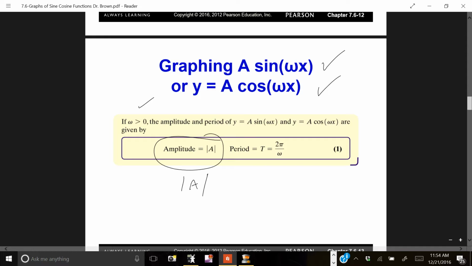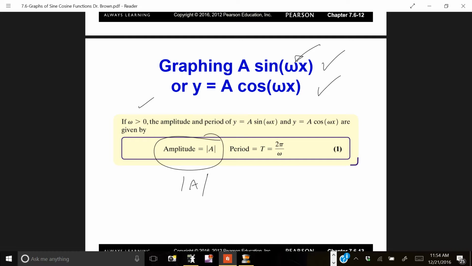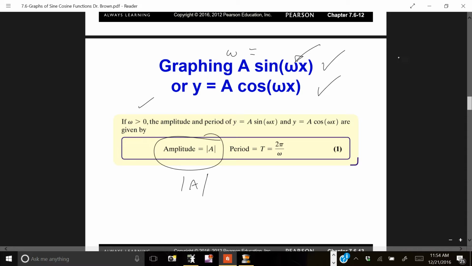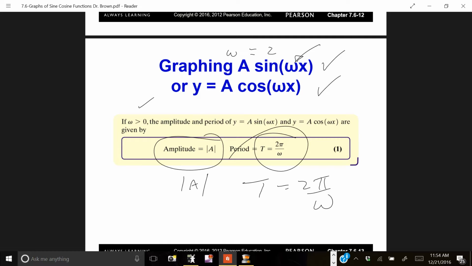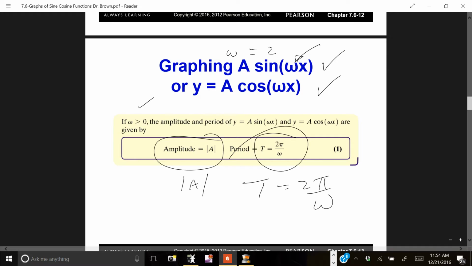So if we look at the graph of a equals sine of omega x, if omega equals 2, x is not going to have to change as much to get around the period. So we have an equation here for the period. T is 2 pi over omega.